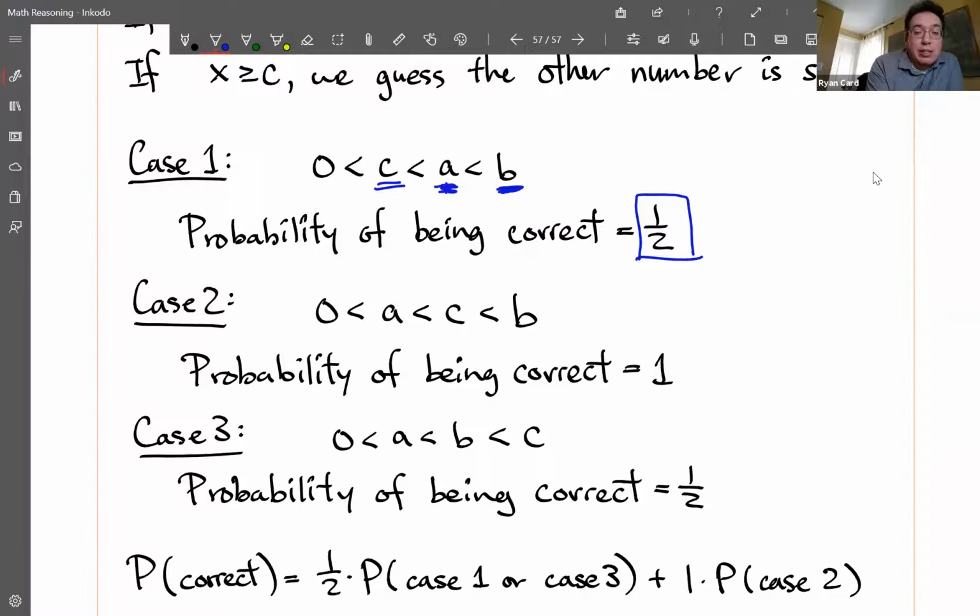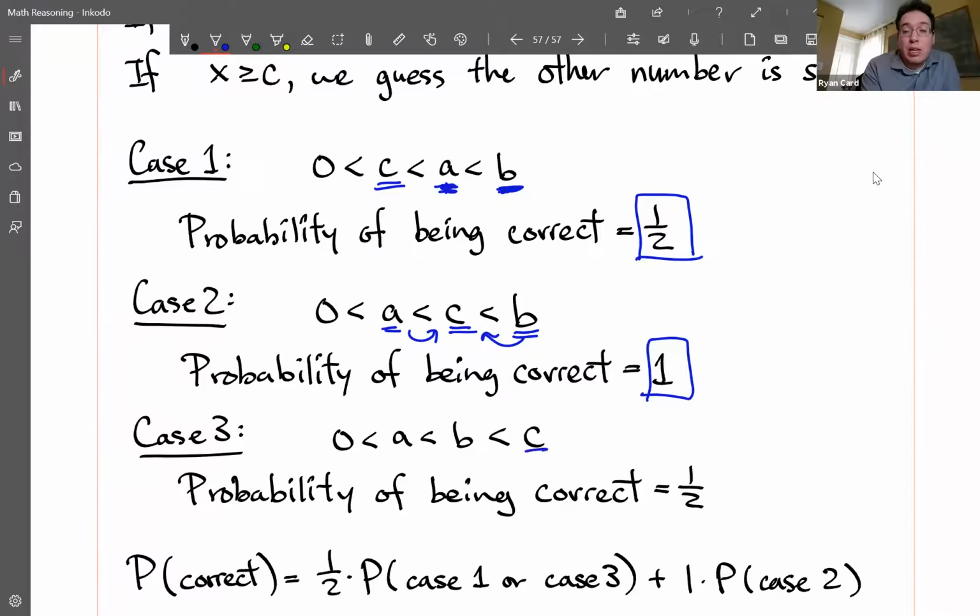The good case is when the number that we generate lands between the two numbers A and B. In this case, when you look at the smaller one, you'll guess the other one is larger, and when you look at the larger number, you'll guess the other number is smaller. So you're always going to be correct in this situation. The probability of being correct in case 2 is exactly 1.